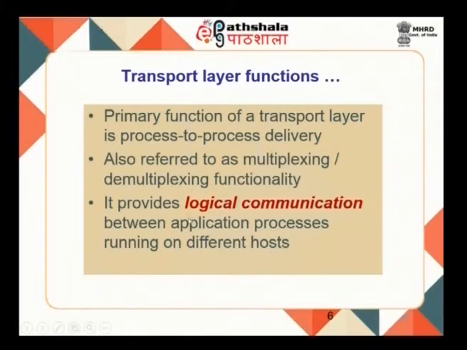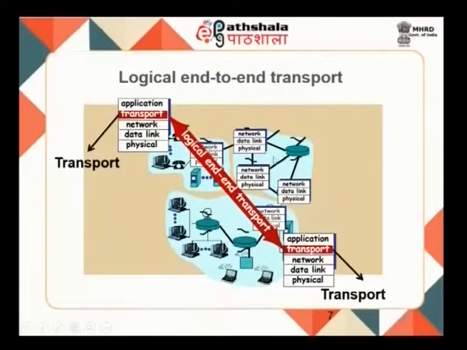We also say that it provides a logical communication between the application processes which are running on different hosts. If you look at this picture, you can see that there are multiple devices which form the network, and you have one machine at this end and another one at the other end, across the network, on a different network altogether.